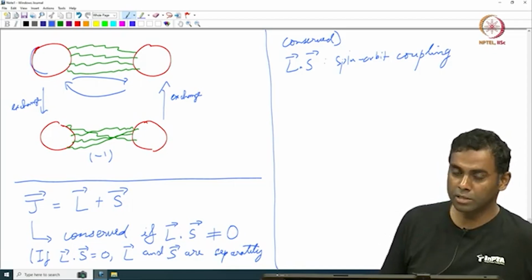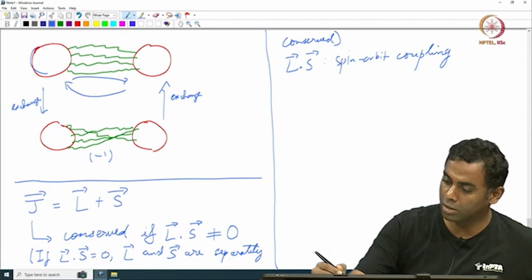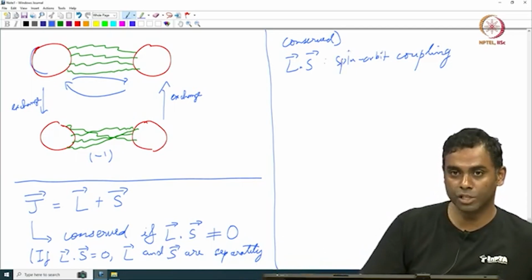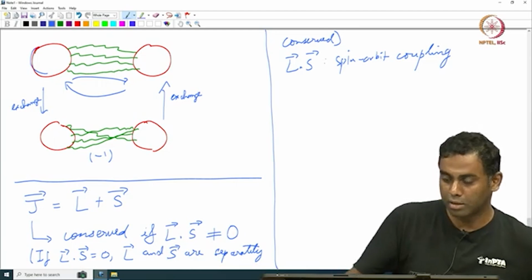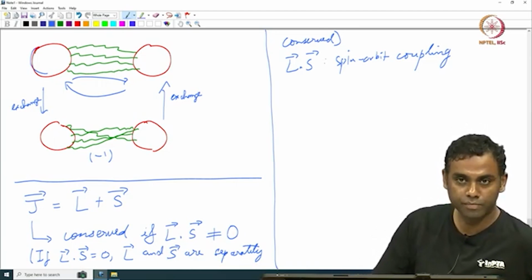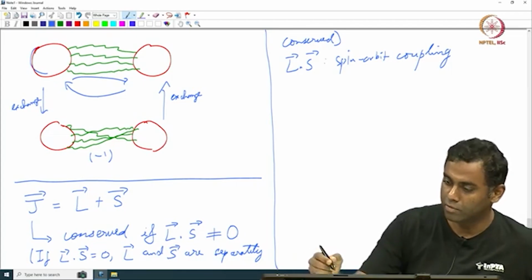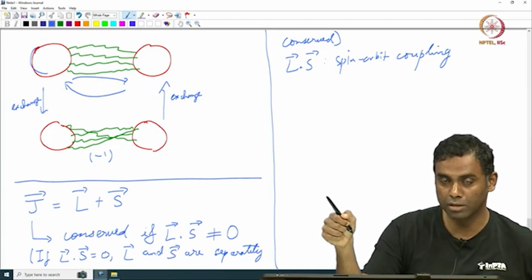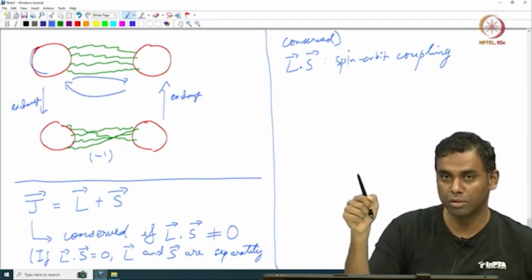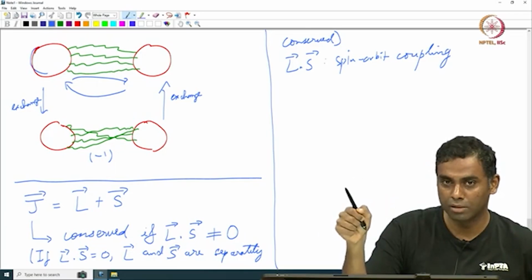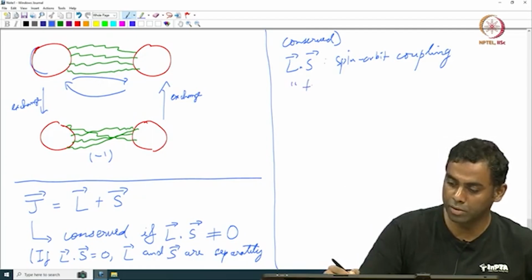So in classical mechanics, do you know of an analog for the spin orbit coupling? Is there any situation where the spin and the orbit actually interact, the spin of a system and the orbit, do they interact with each other? Well, we see this every day in the face of the moon, right. There is only one face of the moon that we see every night, correct. Why is that? That is because of tidal locking, correct.